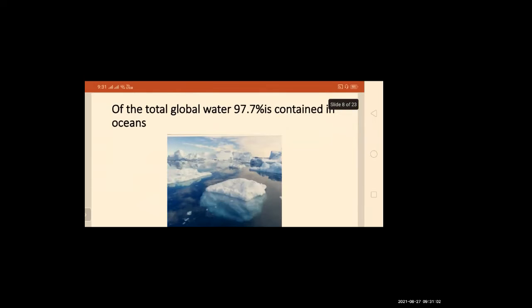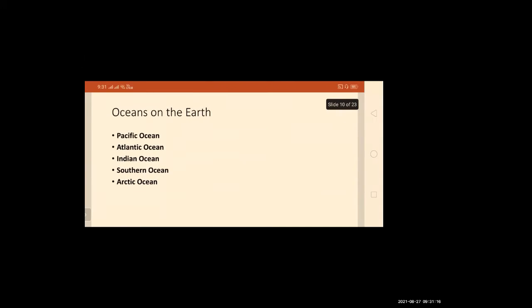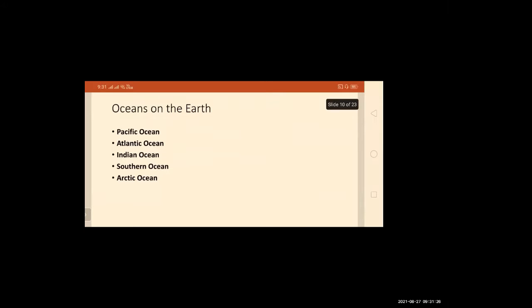Then the second point is 97.7% of the total global water is contained in the ocean, which means the maximum portion of water is occupied by the ocean only. Then the main oceans: Pacific Ocean, Atlantic Ocean, Indian Ocean, Southern Ocean, and Arctic Ocean. These are the oceans present on the earth.